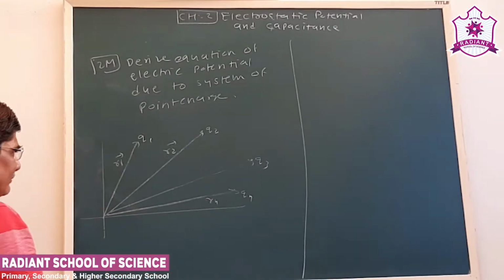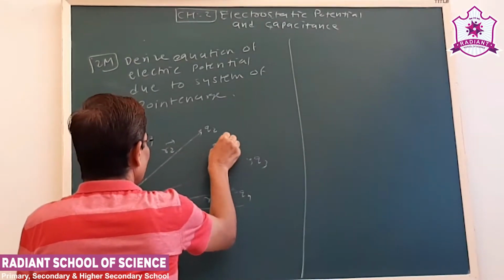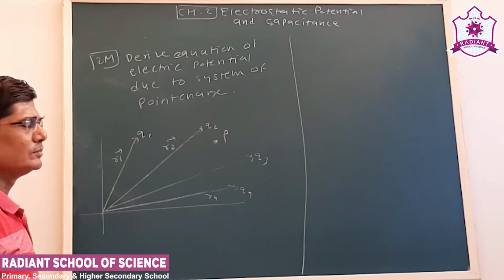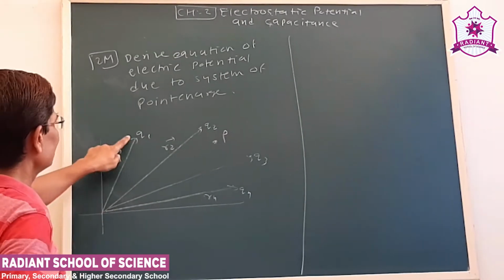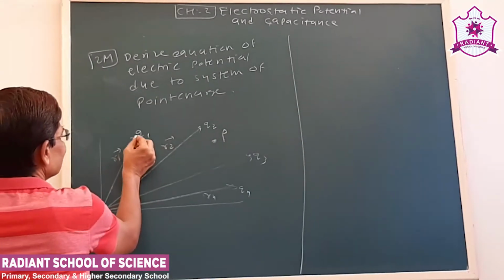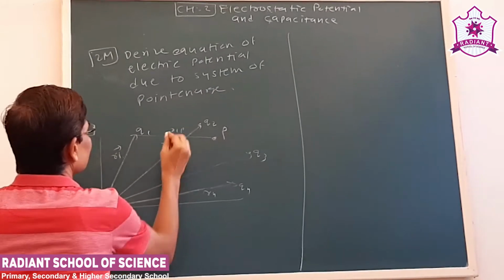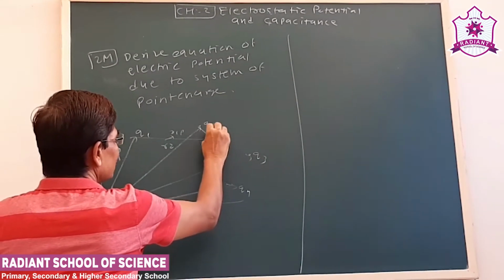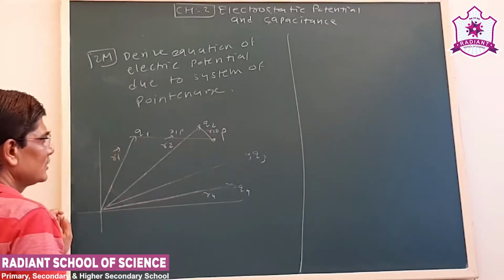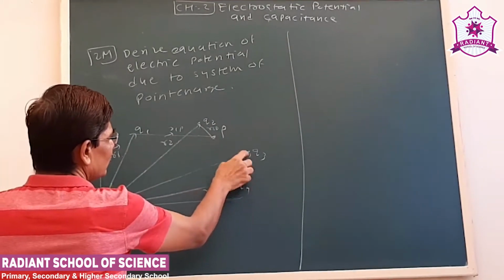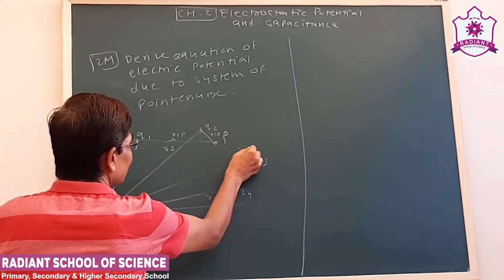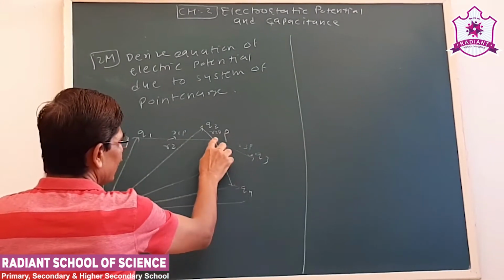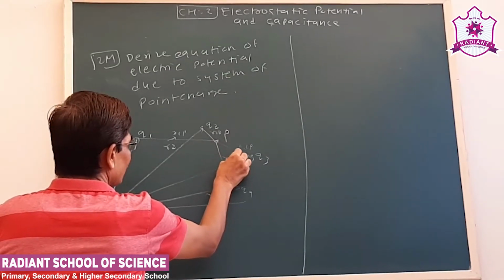Now we have to find the potential at a point P. What will be the distance between Q1 and point P? That will be R1P. Similarly, the distance between point P and Q2 is R2P, the distance between Q3 and P is R3P, and the distance between charge Qn and P is RnP.